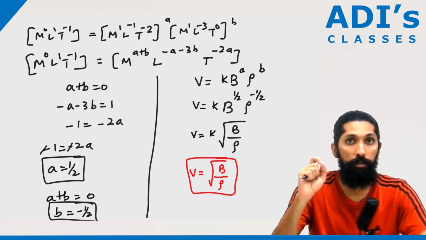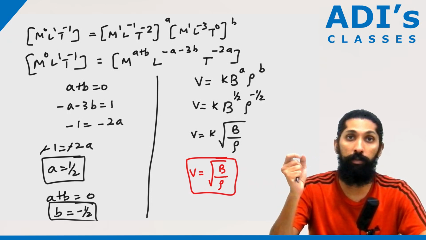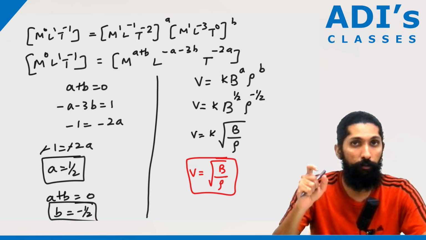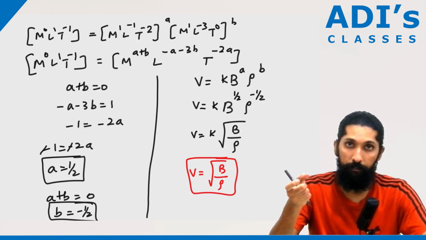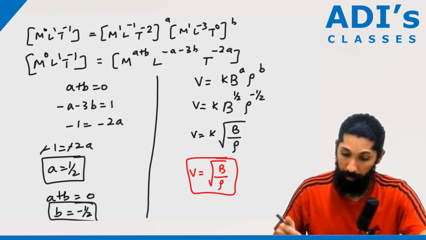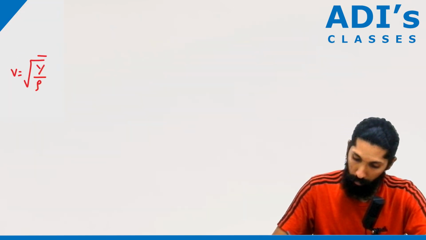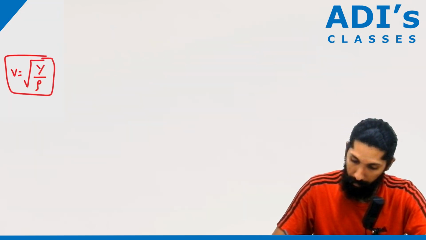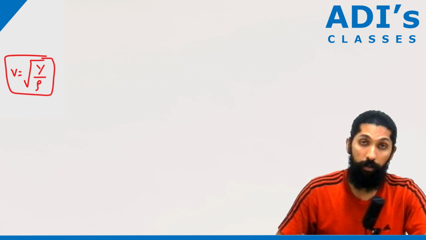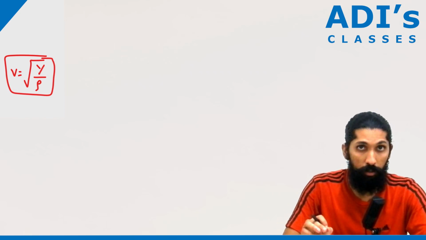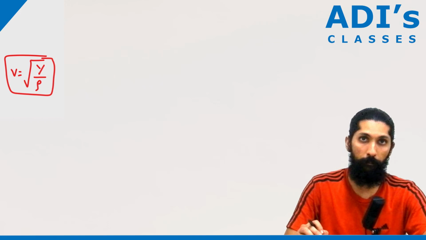Suppose the longitudinal wave is traveling through a solid, then the formula changes slightly. The formula becomes V is equal to root of Y divided by rho, where Y is the Young's modulus of rigidity for the material.